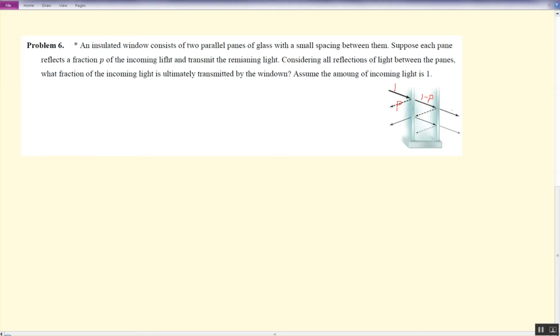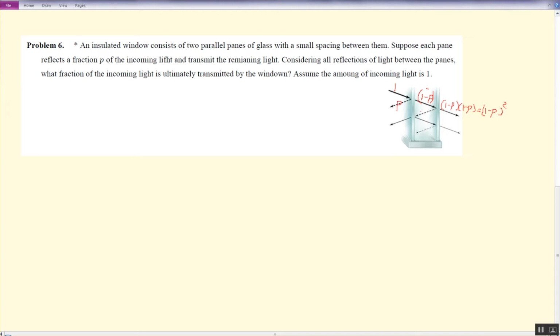Now, of course, the amount of light going into the second panel is 1 minus p, and we do know only 1 minus p of those will be going through. Which means (1 minus p) squared, right? So this one is (1 minus p) squared.